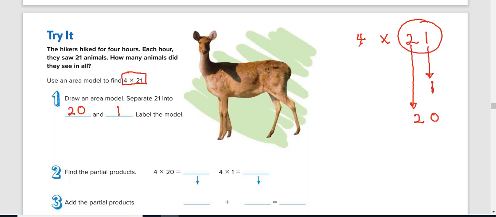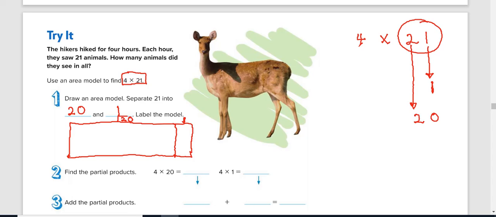Okay, so we want to draw an area model just like a sketch. So if we draw a rectangular array, for example, in this rectangular array, let's say it's separated into two, where this part is 1 and this part is 20.